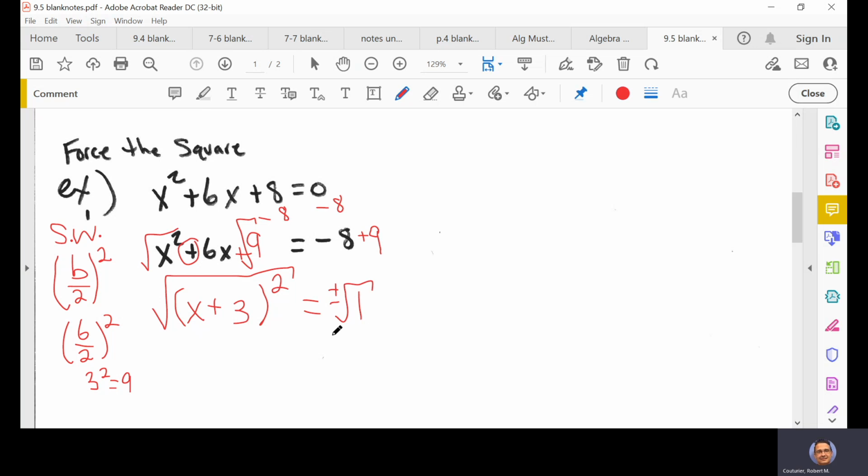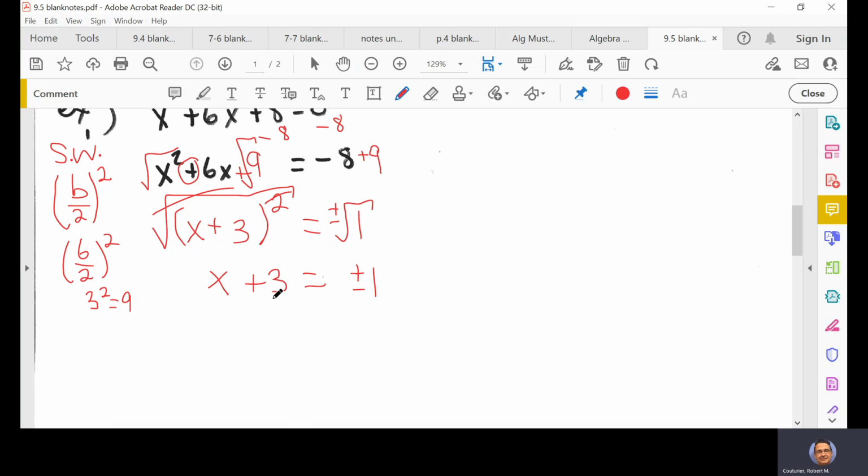And it just so happens this is a nice perfect square. The square root of 1 is 1. So we have plus or minus 1 is equal to, well, this canceled the square root, we're left with x plus 3. Almost done. We have to solve this now. Subtract 3 from both sides.